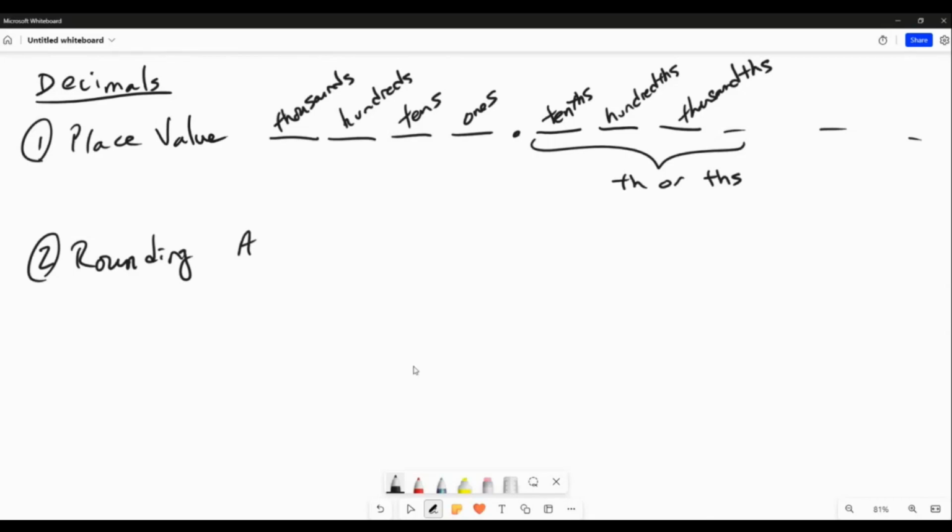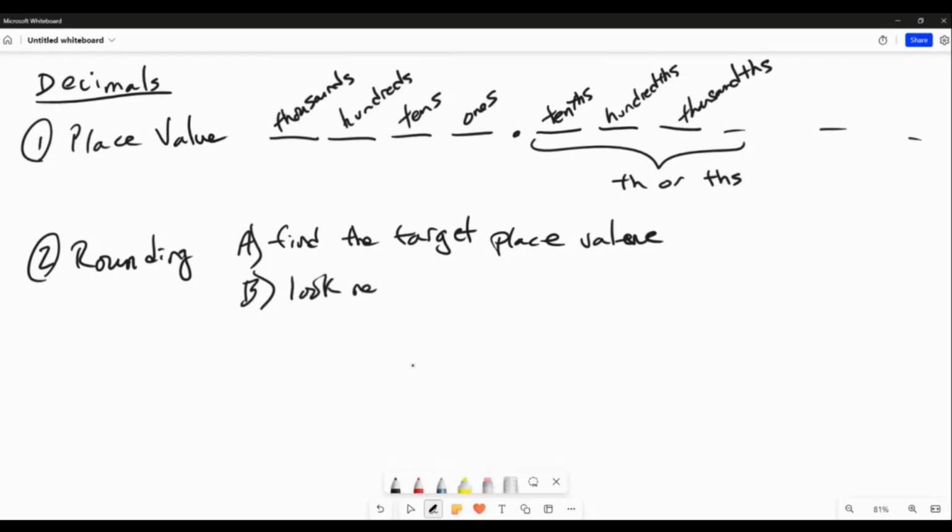And the key to rounding are these 4 steps. First, find the target place value, whatever they're telling you to round to. Then we look next door. That's what we called it, looking to the right. Okay, so we look at the number immediately to the right, next door.